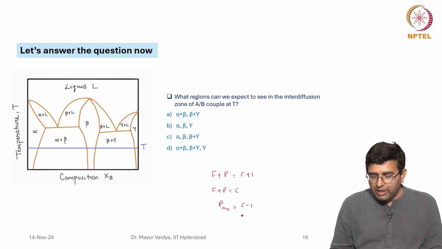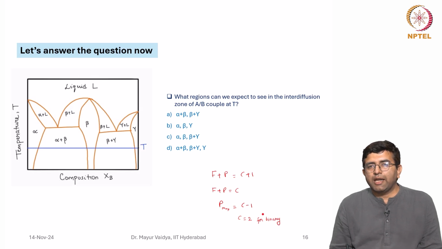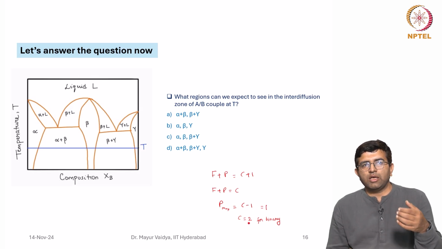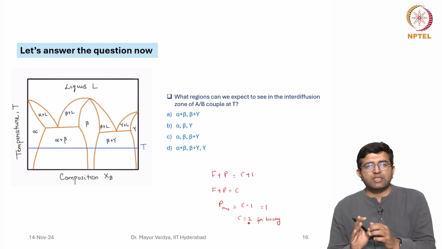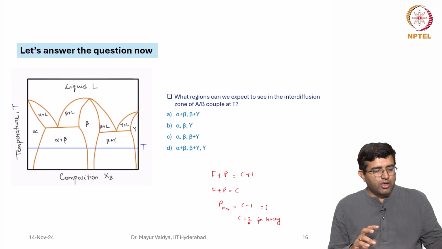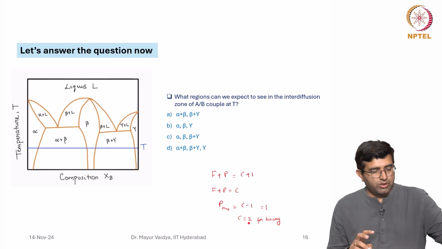For a binary diffusion couple, C is equal to 2, and therefore P max is equal to 1. And this is true, as we have seen in the actual micrographs, that only single phase layers grow in the case of a binary diffusion couple.